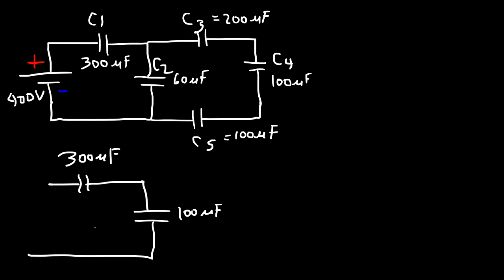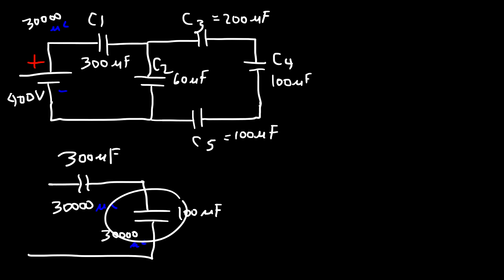Because these 2 capacitors are in series, and we got an equivalent capacitance of 75 microfarads, which led to a charge of 30,000 microcoulombs, each of these capacitors has this charge. So we have the charge on C1. That's 30,000 microcoulombs.